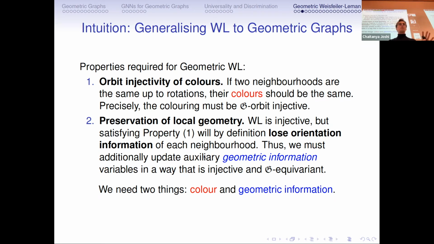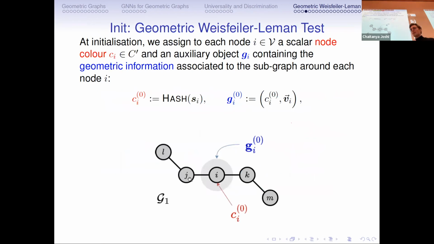We have these two types of information. We deal with them differently. How does this translate in this conceptually simple setting to geometric Weisfeiler-Leman? Let's start with the initialization. We initialize in the exact same way as we do in normal Weisfeiler-Leman.